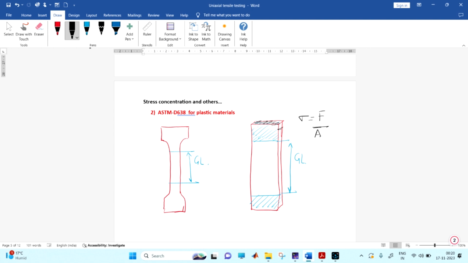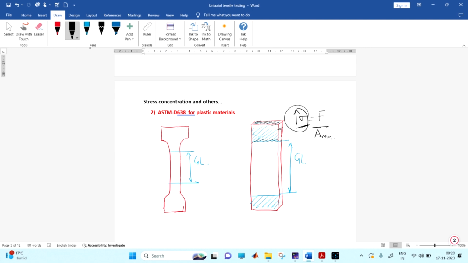Wherever the area is minimum, the stress will be higher. Wherever the stress is more, the failure will occur at that position. And most of the time, if we use the same cross sectional area, it will generally fail near the grips. We don't want it to fail near the grips.